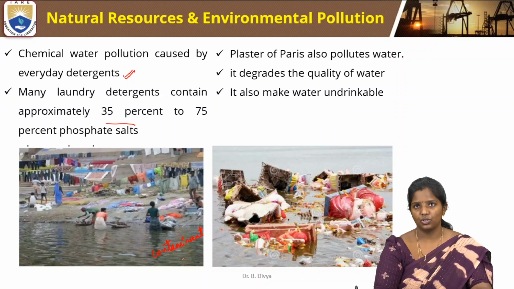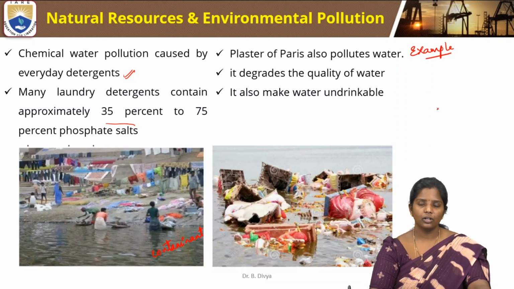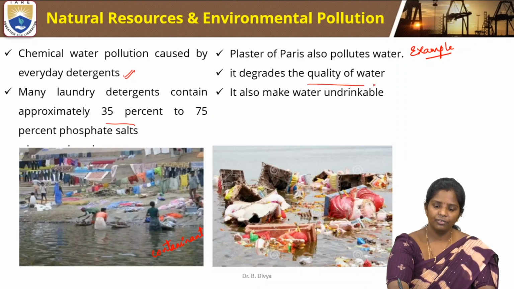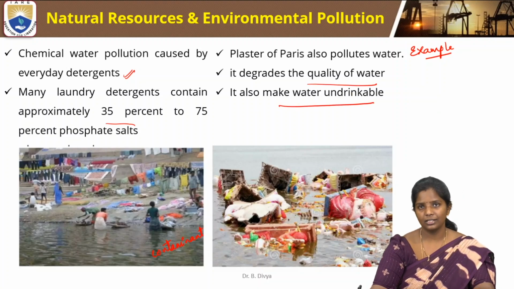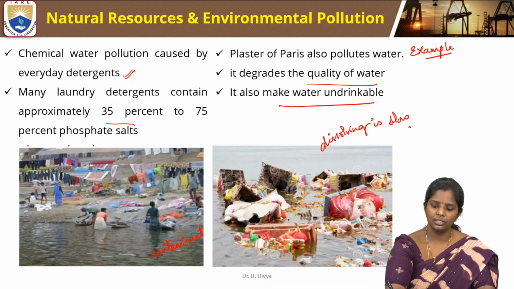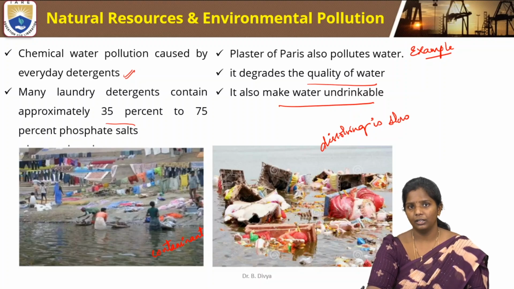Another example is the plaster of Paris that we use for idols. That also sometimes pollutes the water because it degrades the quality of water and makes it undrinkable. The dissolution takes a longer time, and the dissolving is slow. Therefore, it contaminates the water and the water becomes undrinkable to mankind.